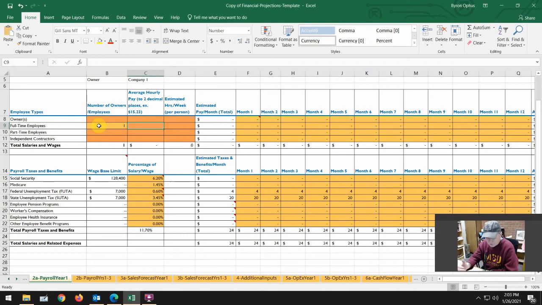It could be anywhere from that on up, right? If newly installed President Biden gets his way, of course, then we'd have to pay them at least $15 an hour. So let's say I'm going to pay my full-time person $9, and full-time obviously means they're going to work, we usually consider full-time somewhere 35 to 40. Some places might say 32. So let's just say they are going to work 40 hours per week.